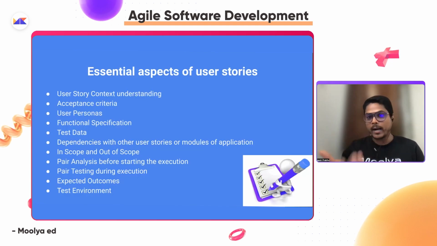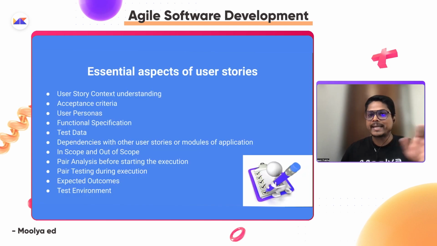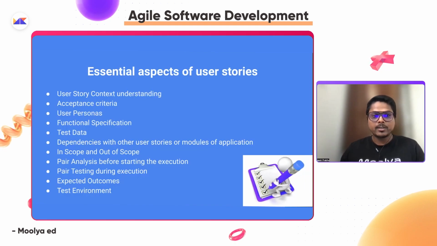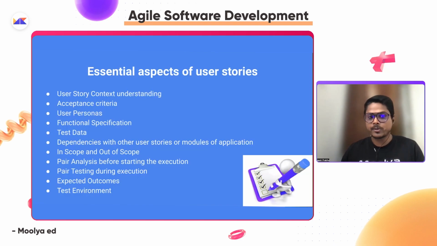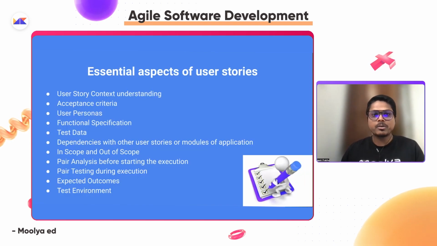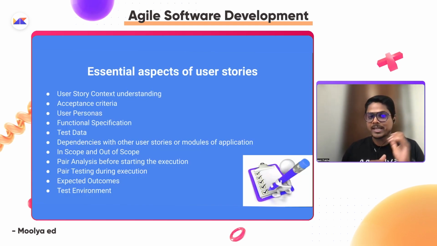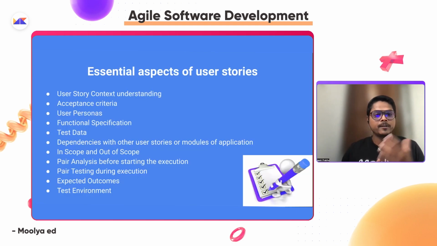It can be a one-liner, like: with this, the login functionality is going to be a touch functionality, or there won't be any password, and we can just tap on the screen. So the acceptance criteria should be the solution to the user story. It shouldn't be like it should work as per the description, or it should work as per the fix. So we should focus on the context. The impact should be on the acceptance criteria.